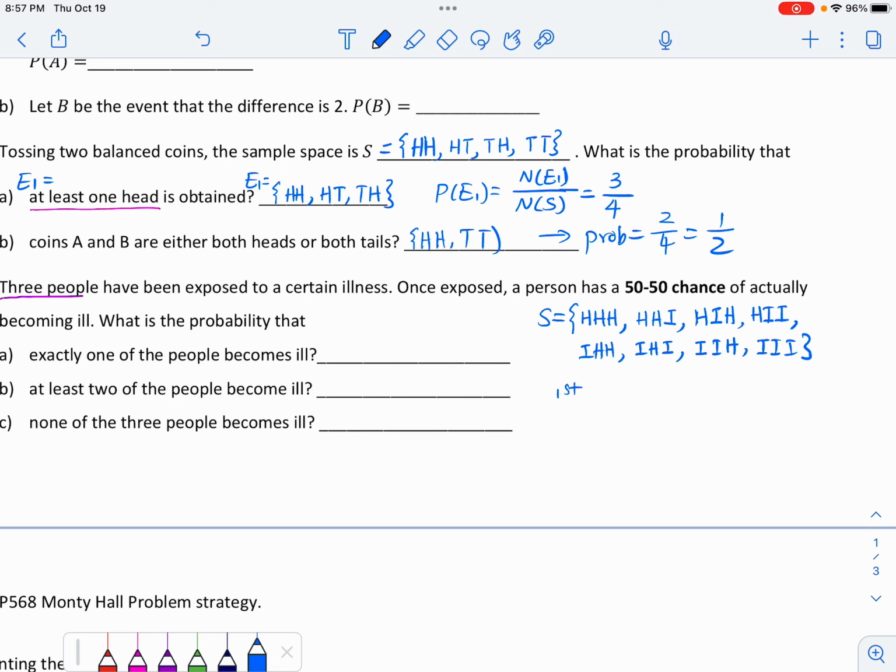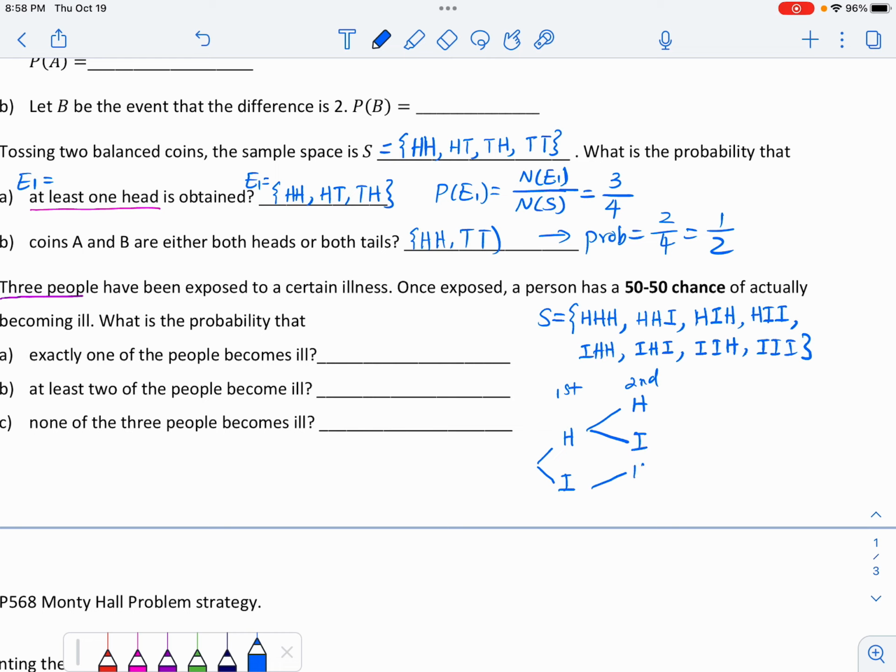This is the first person. For the first person, there were 2 possibilities, either healthy or ill, right? And the second person branches out from the previous 2 branches. So it can be healthy or could be ill.